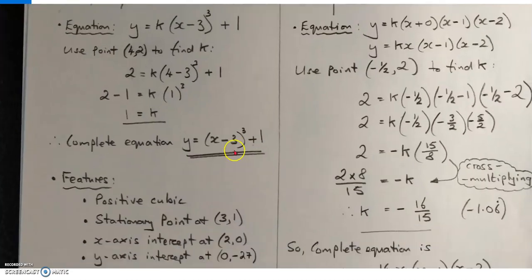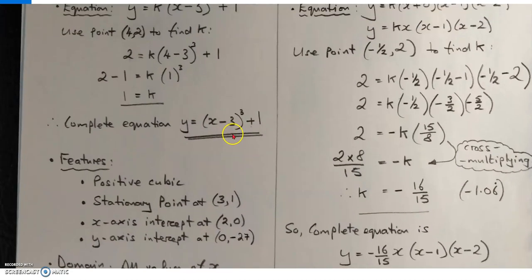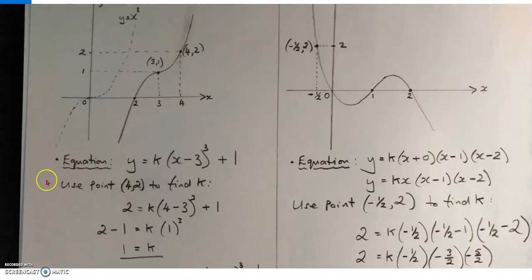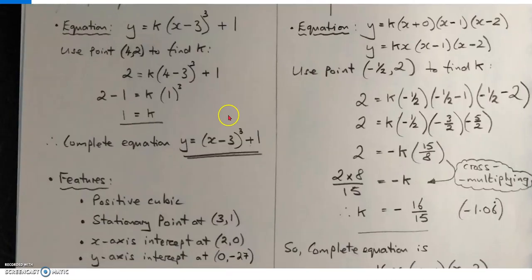Now, in the features, we can immediately list the fact that this is a positive cubic. Positive because it is going from this bottom corner on the left up that way to the top corner on the right. So if the graph's sloping this way, like that one is, then it's a positive cubic.